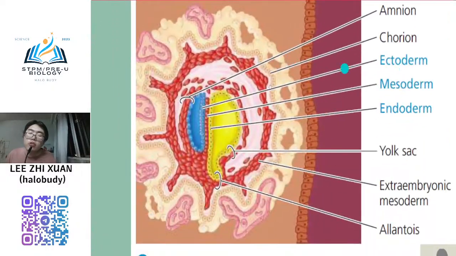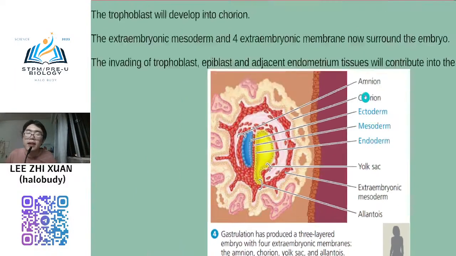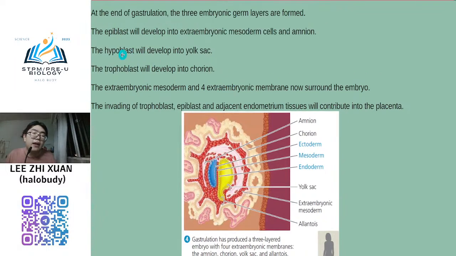So ectoderm is the inner one, endoderm is the outer one. Please remember: ecto inner, meso middle, endo outer. Endo outer. Remember it like that.